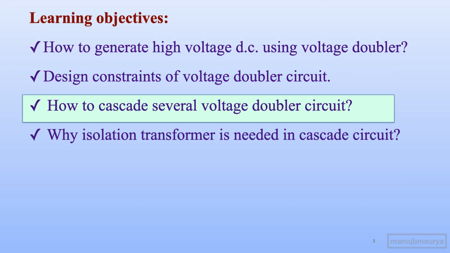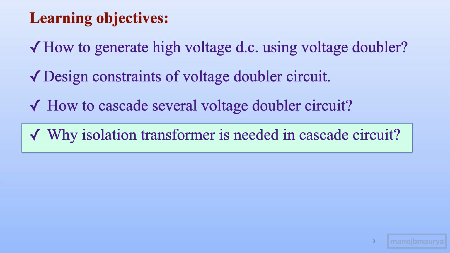We are going to understand how we can cascade several voltage doubler circuits to obtain higher voltages. And lastly, we would like to see why an isolation transformer is needed in the cascade circuit.